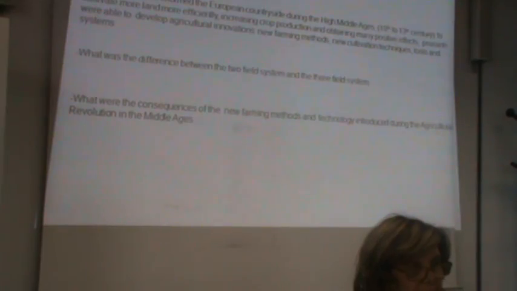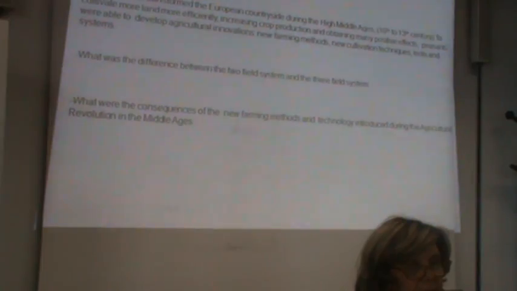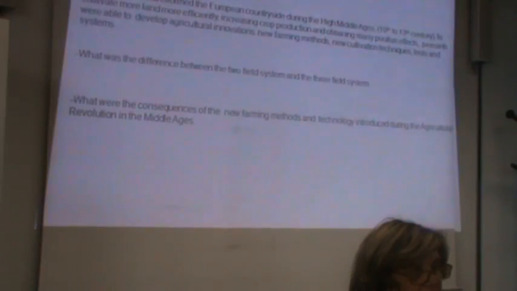The topic, the agricultural revolution in the Middle Ages, is developed in 3 lessons, and the sentences that I would love to hear from my students are: how peasants transformed the European countryside during the High Middle Ages to cultivate more land more efficiently, increasing crop production, obtaining many positive effects.